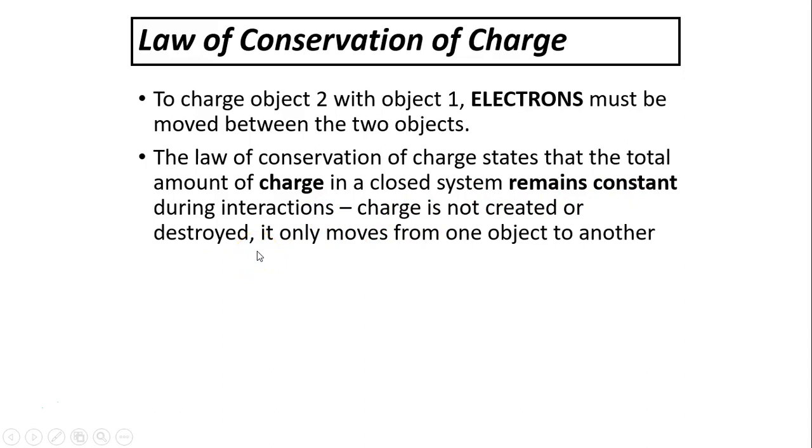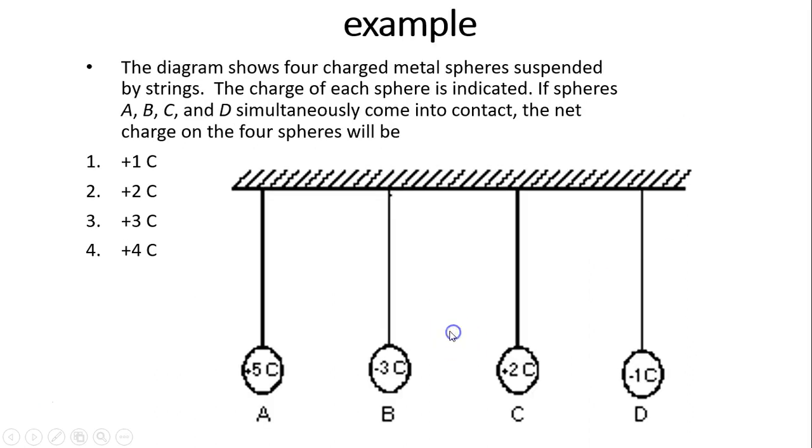If two objects together have a total charge of positive 2, say in electrons, they can interact, touch each other, or be put next to each other. After this interaction, the charge is the same as before. That's what conservation means: it remains constant.